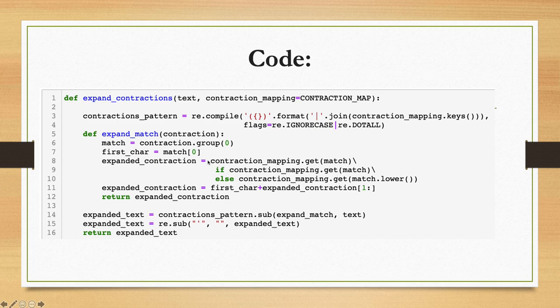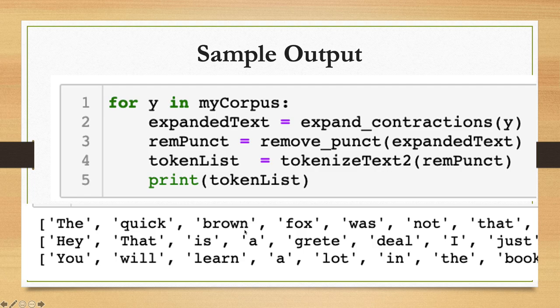This portion will return an expanded contraction. Then we substitute the match given the text, and replace the apostrophe with the expanded text.